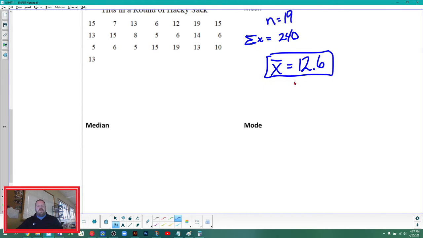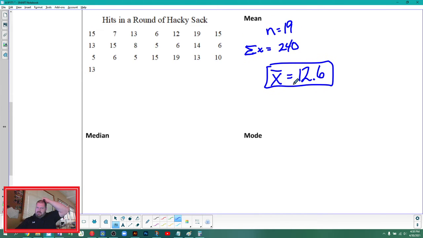Not too bad. For the next one, the median, this is where the work kind of comes in. I need to order my numbers from smallest to biggest, making that sequential ordering. The smallest number that I see is a 5, and I have 3 of those. Then I have 1, 2, 3, 4 6s.